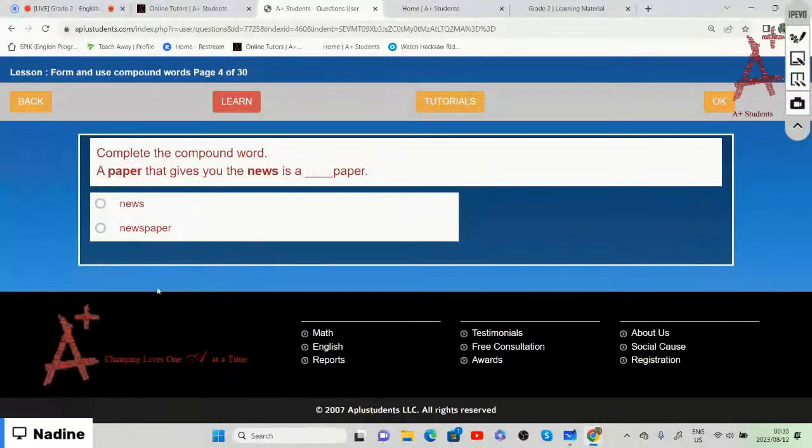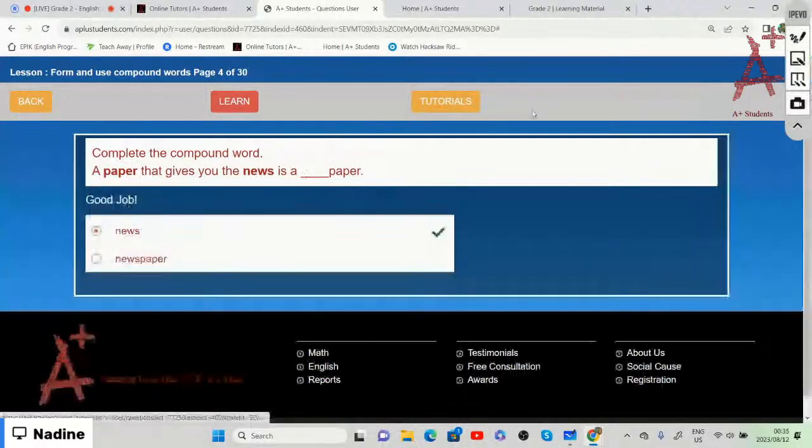All right, so the paper that gives you news, we will say news only. You're only going to choose news because the word paper is already given in the sentence. So we don't have to give the big word, right? So only news and paper.